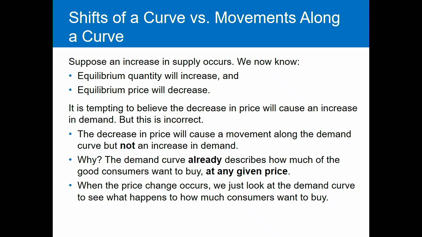So suppose that there's an increase in the supply. We know the equilibrium quantity is going to increase, the equilibrium price is going to decrease. It's tempting to say that a decrease in price is going to cause an increase in demand, but this is incorrect. So draw this out.